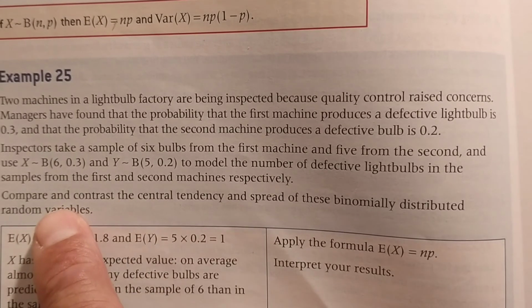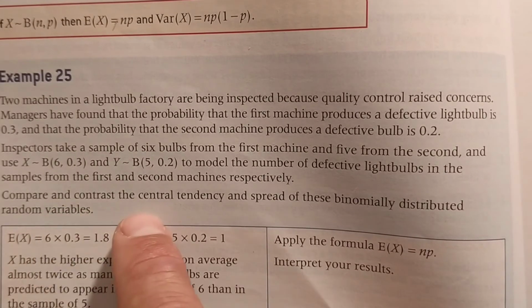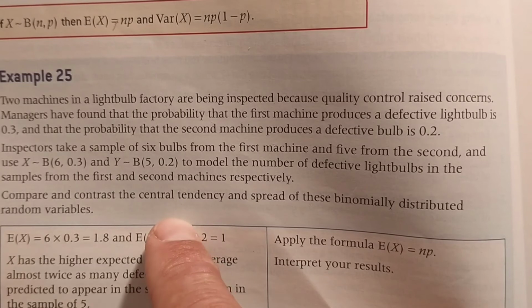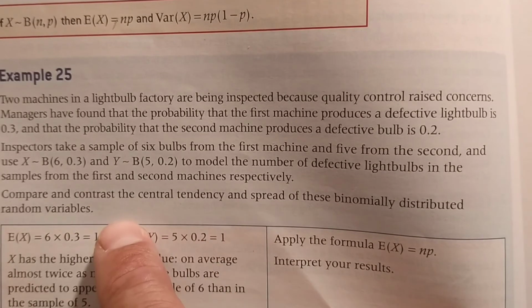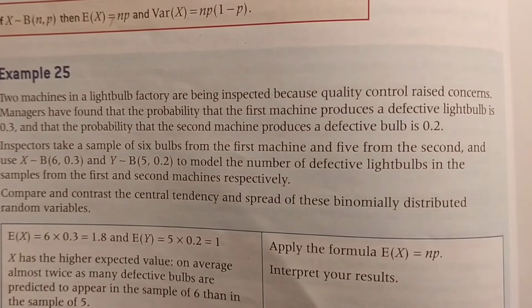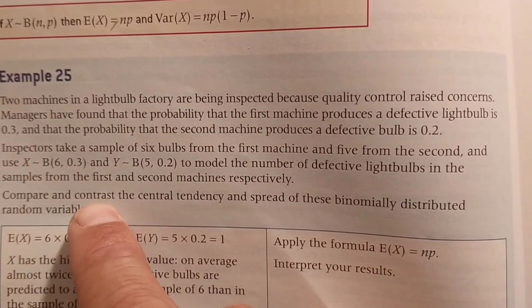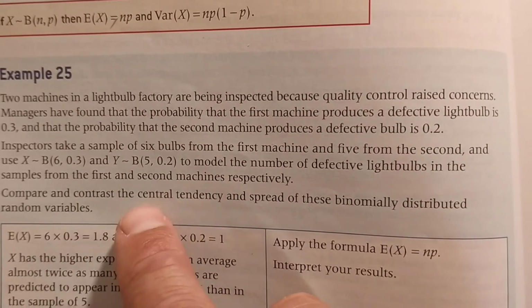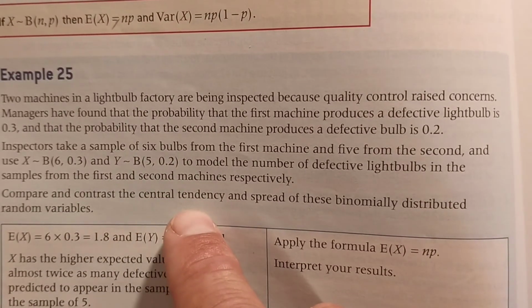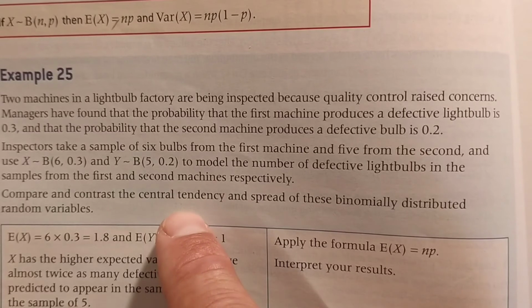It says here, compare and contrast the central tendency and spread of these binomially distributed random variables. Compare and contrast means look for the similarities and then look for the differences. Central tendency is like the mean or median.